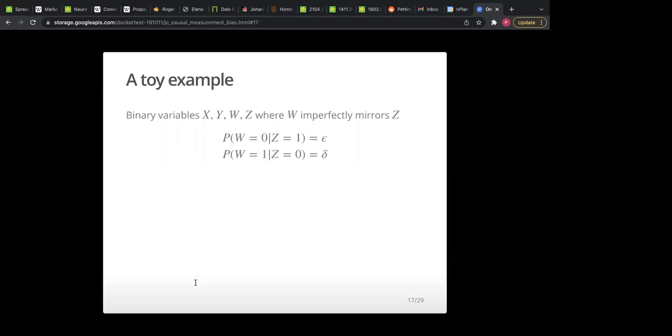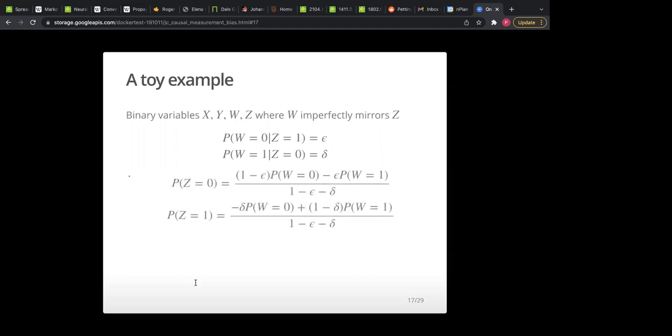And if you apply the formulas he has there, we can do the inversion. If you're familiar with matrix inversion, you will see this 1 minus epsilon minus delta is exactly the determinant, or 1 over the determinant. This is classic matrix inversion. And we see that this also breaks down at some point.